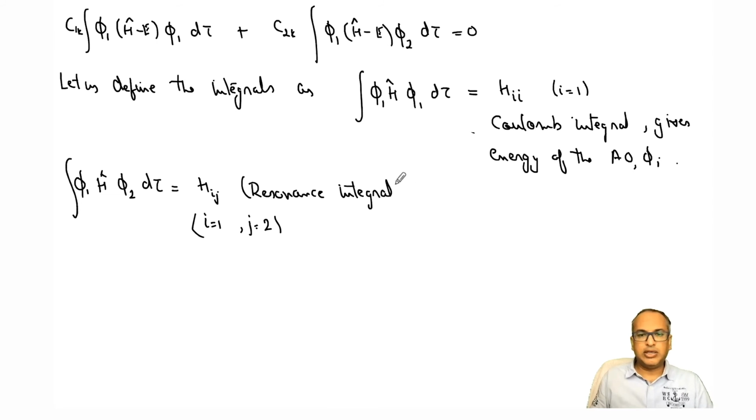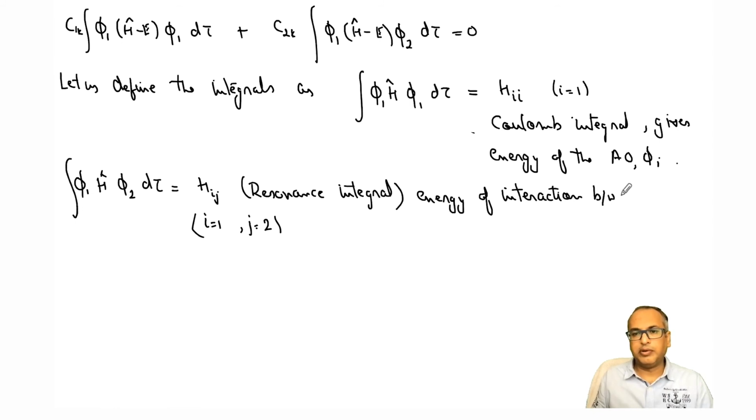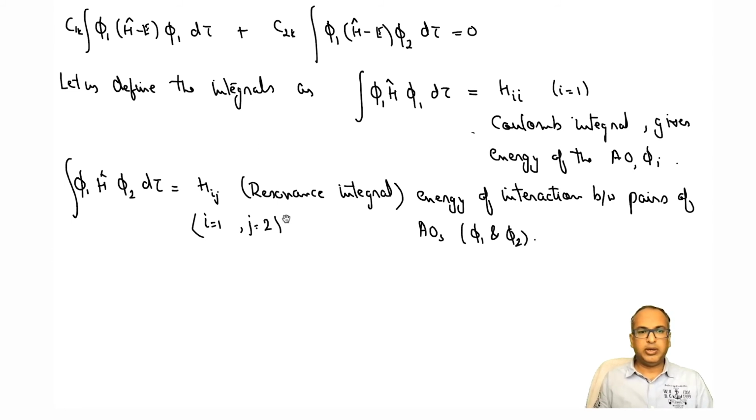So what does it give you? It gives you the energy of interaction between pairs of atomic orbitals that are interacting. In this case, it is phi 1 and phi 2, right? So these are two integrals.